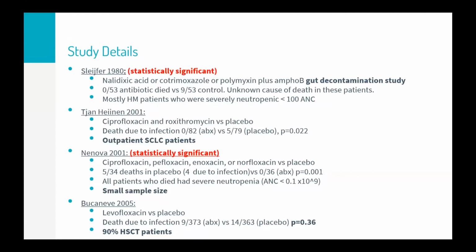And interestingly, they also looked at resistance, and out of the 47 infections in the levofloxacin group, almost all of them were resistant to fluoroquinolones versus half in the placebo group. So to summarize these, there's really only one statistically significant study that is comparable to modern prophylaxis, and it was a very small study.